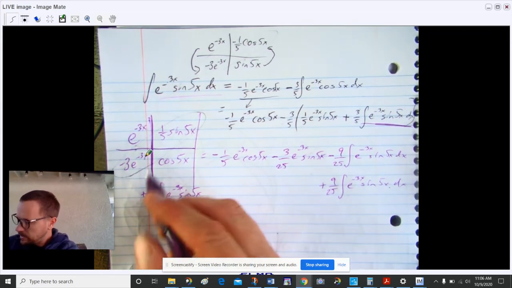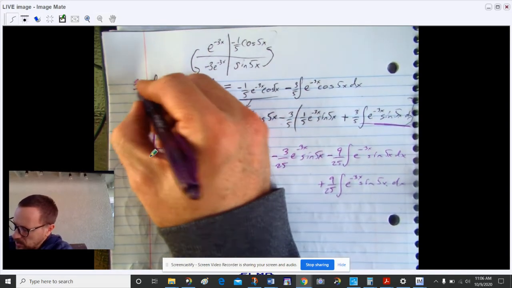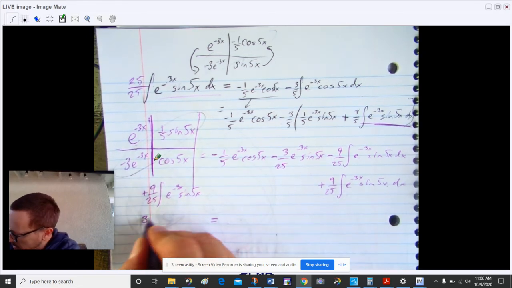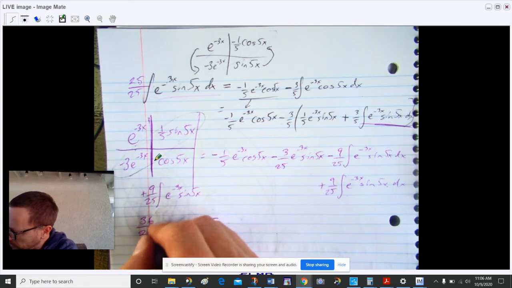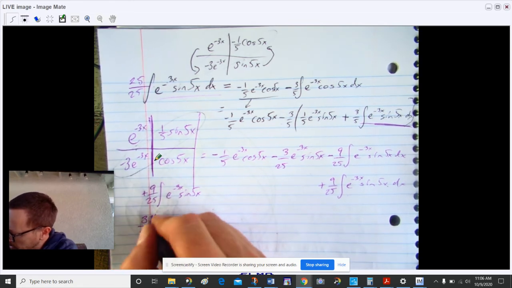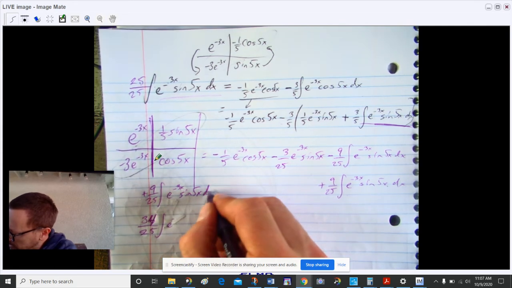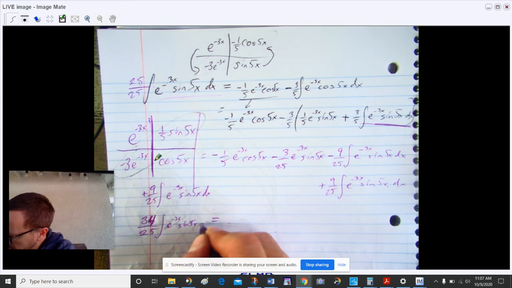Now we have one of them plus, and 1, of course, 25 over 25. We add those together and we get 34 over 25 e to the negative 3x sine of 5x dx.